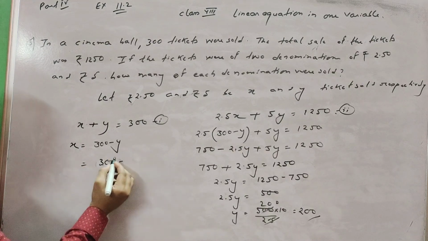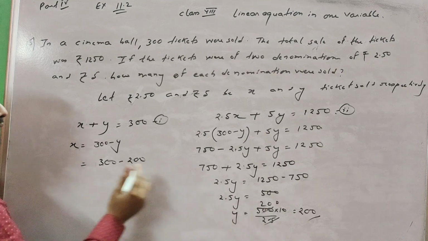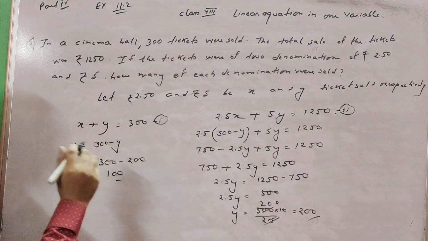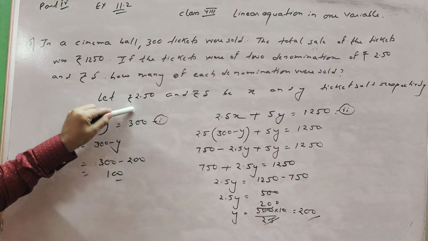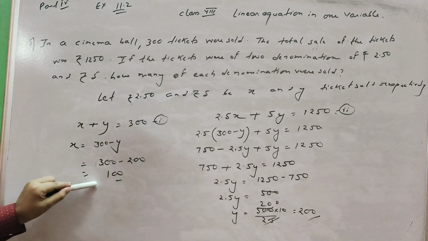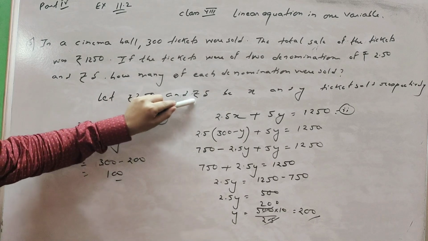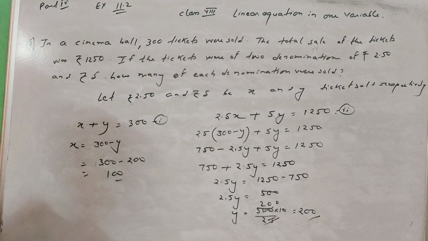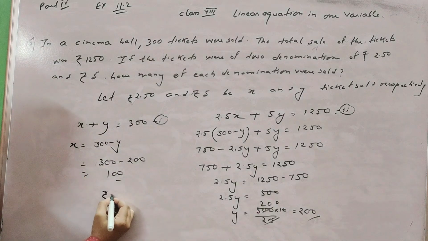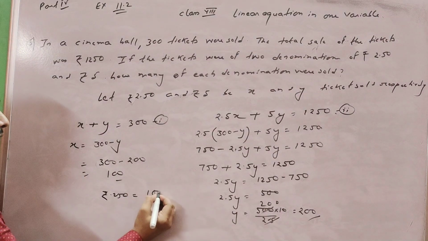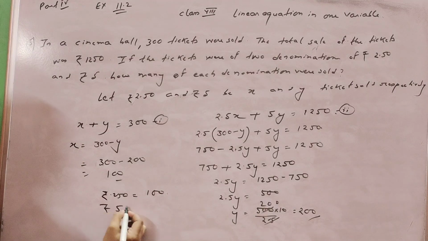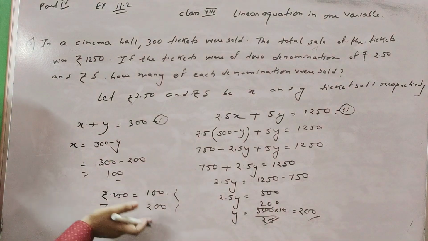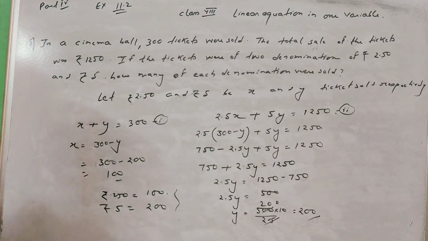X equals 300 minus Y; the value of Y is 200, so X is 100. That means the number of 2.50 tickets sold is 100 and the number of 5 rupees tickets sold is 200. So total number of tickets is 300 and we get 1250. Note.